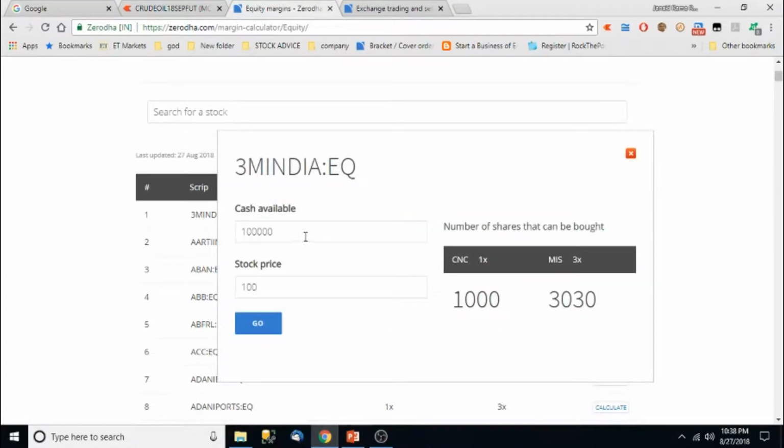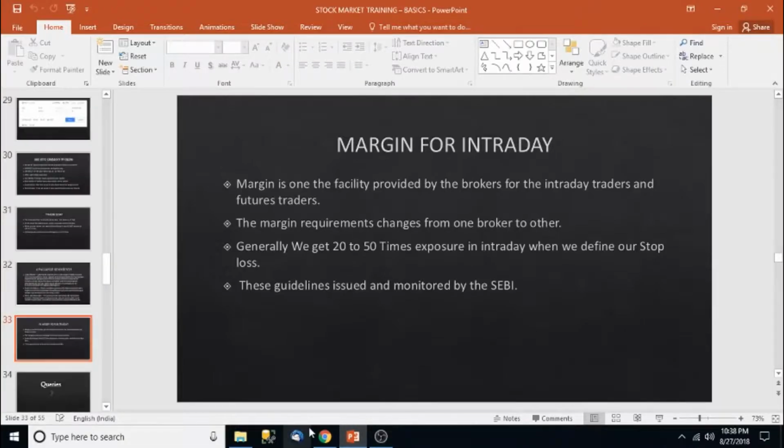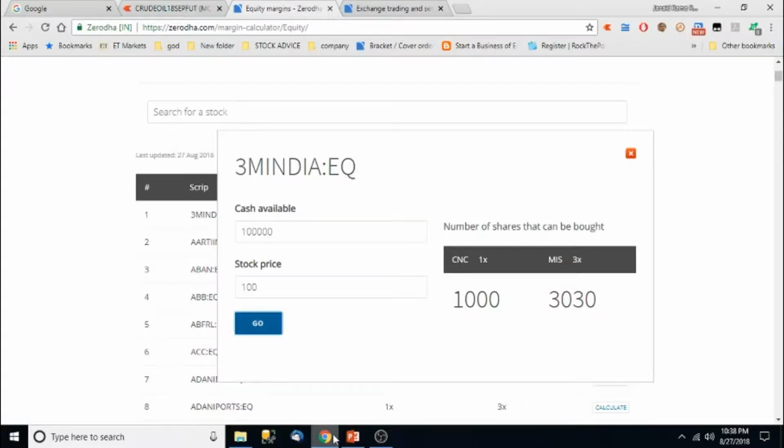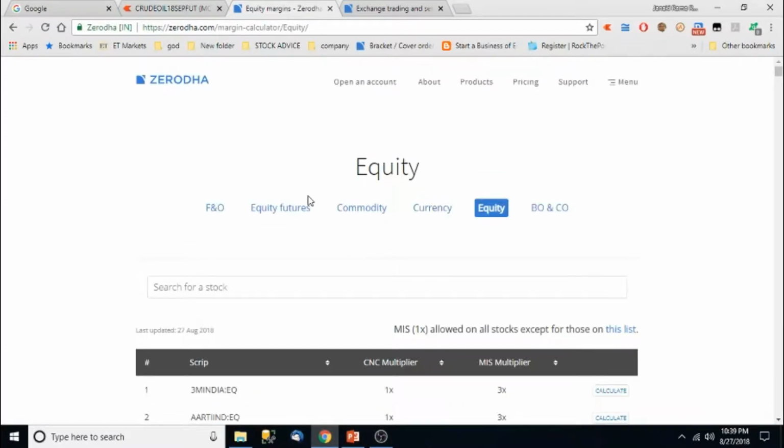Stock price is 100, and I have 1 lakh in cash. Yes, this is the equity margin calculator.